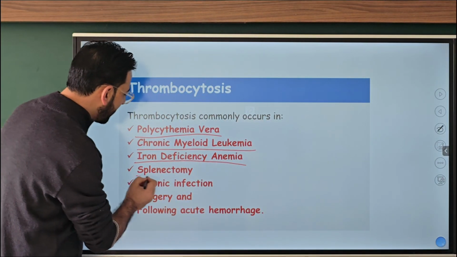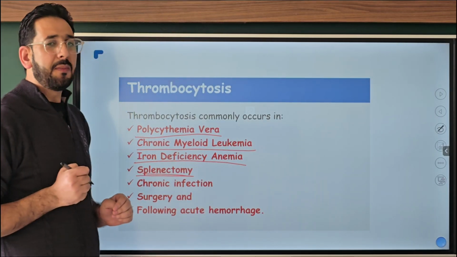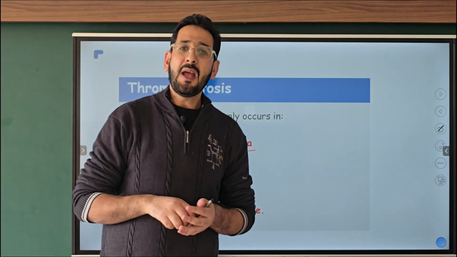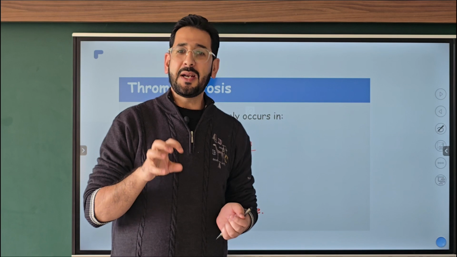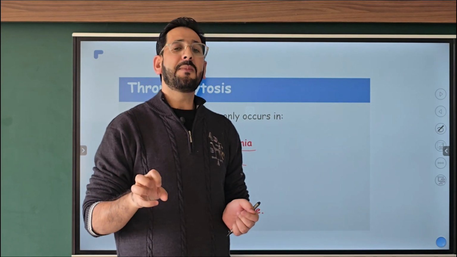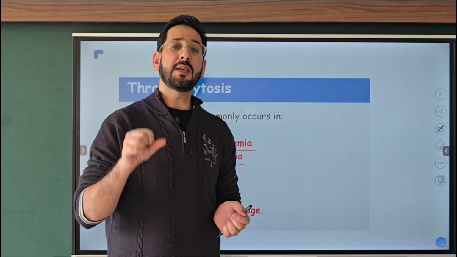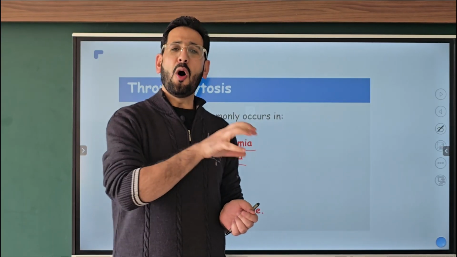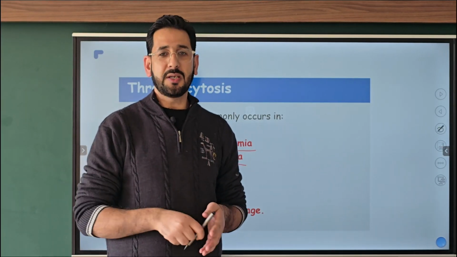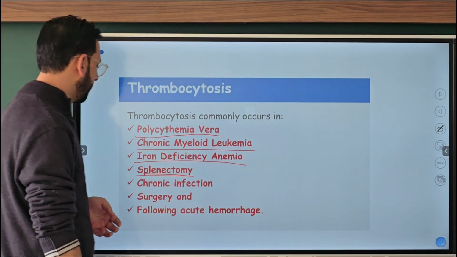Okay, then splenectomy. I just told you that the spleen stores 30% of the platelets inside. And if there is splenectomy, that means removal of the spleen, that means the spleen is no longer storing these platelets, so all the platelets are there in the circulation, that will increase the count of the platelets.